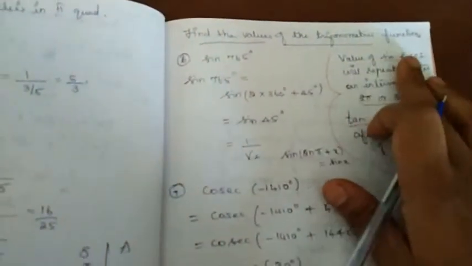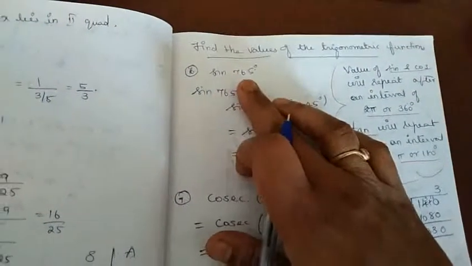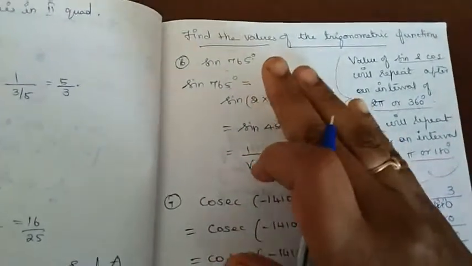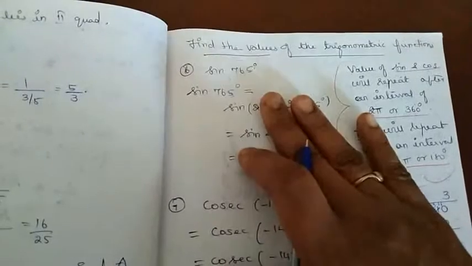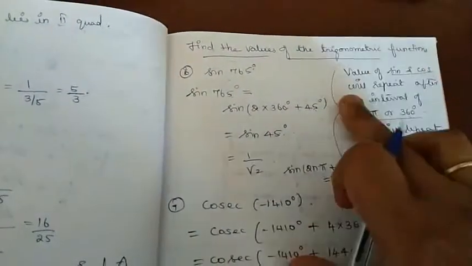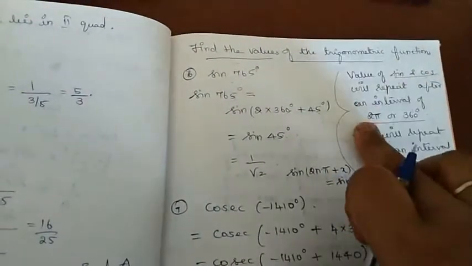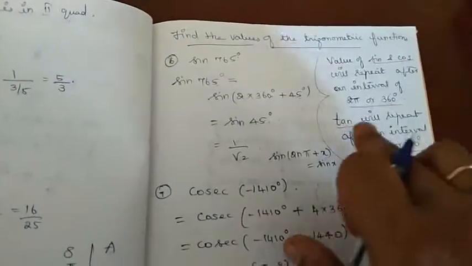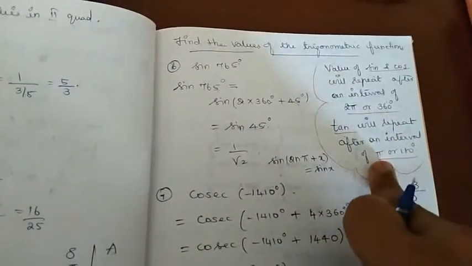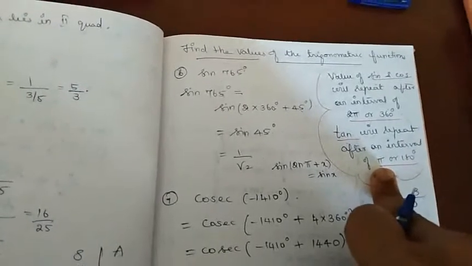The other type of question is to find the value of the trigonometric function sine 765 degrees. For solving this kind of problem, you have to remember that the values of sine and cosine will repeat after an interval of 2 pi or 360, whereas tan will repeat after an interval of pi. This we have seen already.